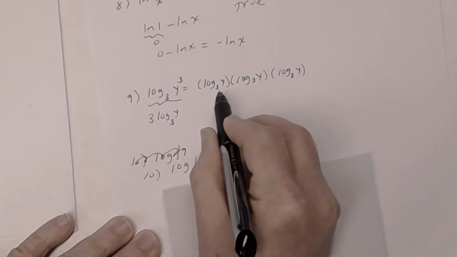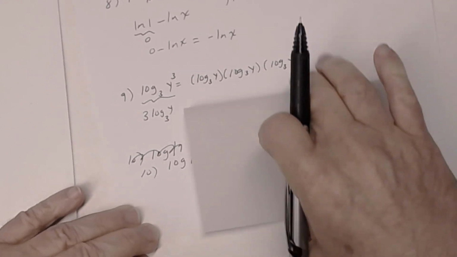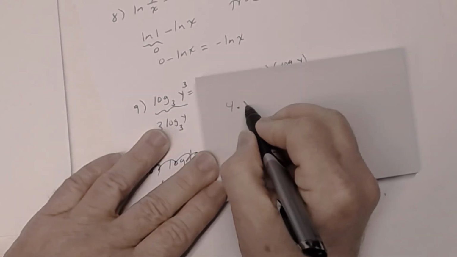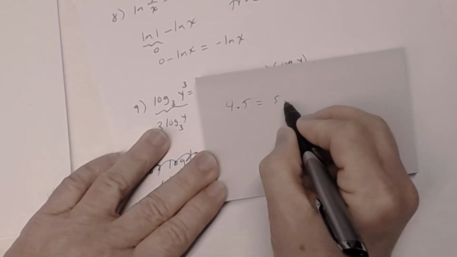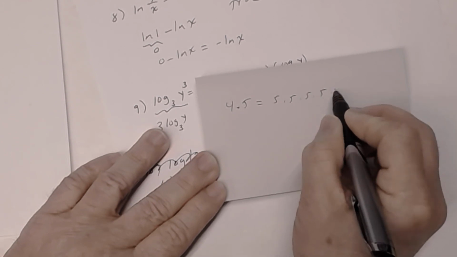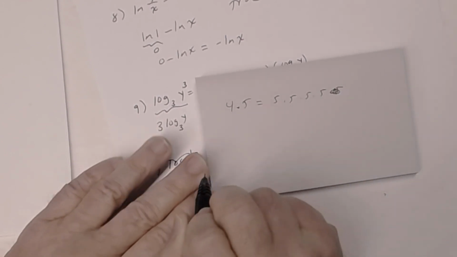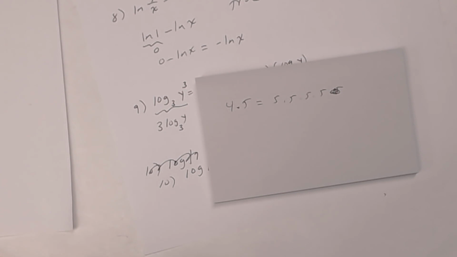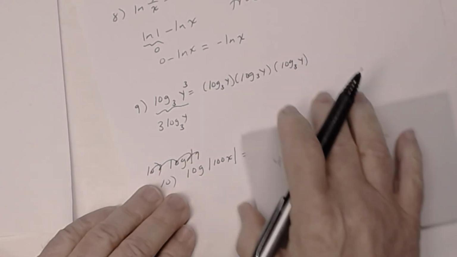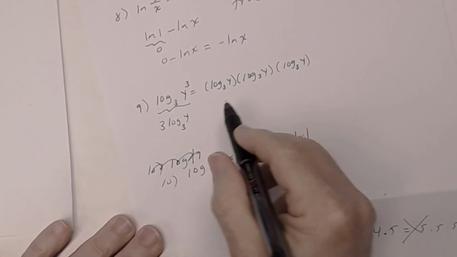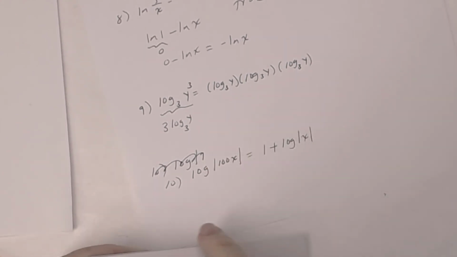And that does not mean this, right? If I have 4 times 5, does that mean 5 times 5 times 5 times 5? Sorry, does that mean 5 times 4 times? No, that's not what that means. Now, if I had this, I want to show you something.